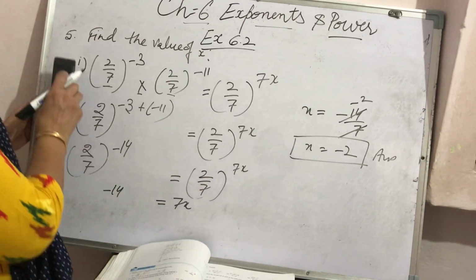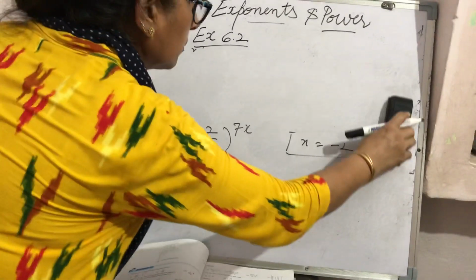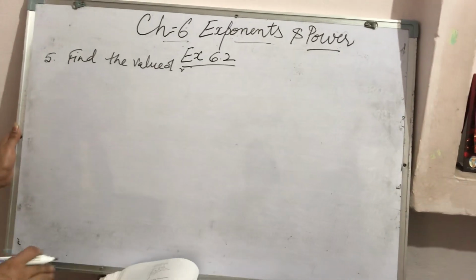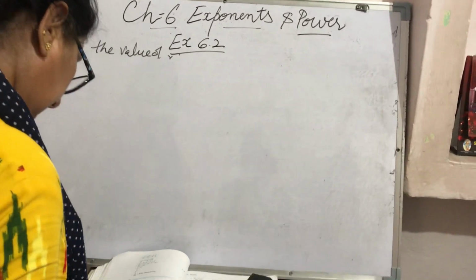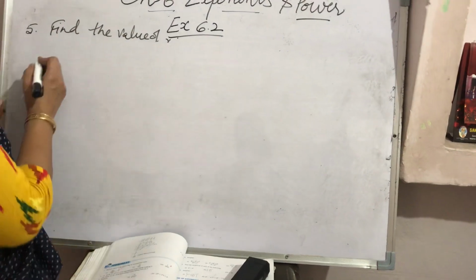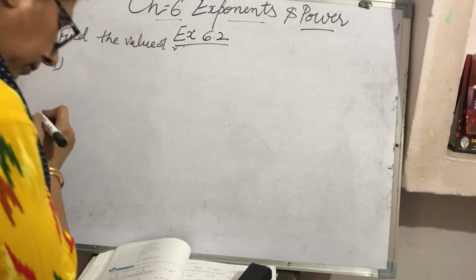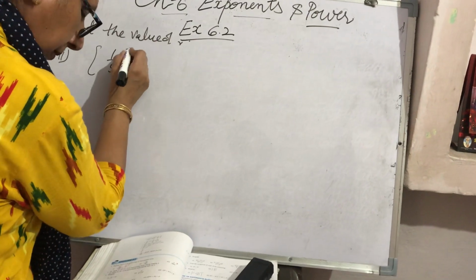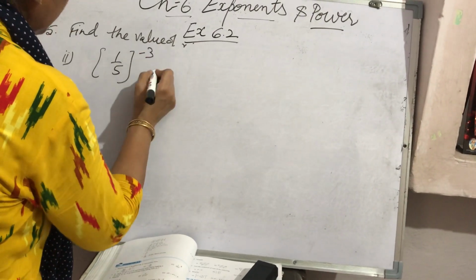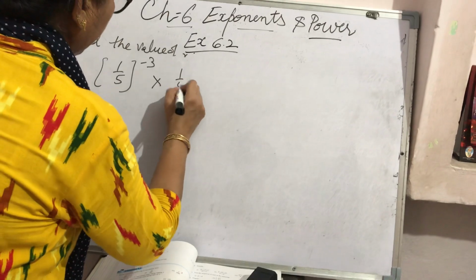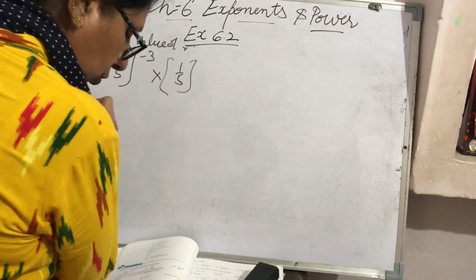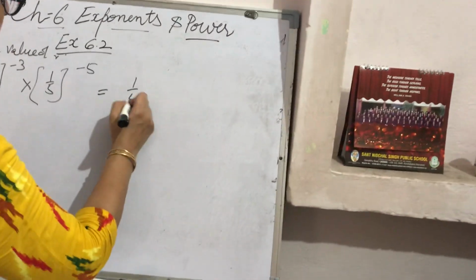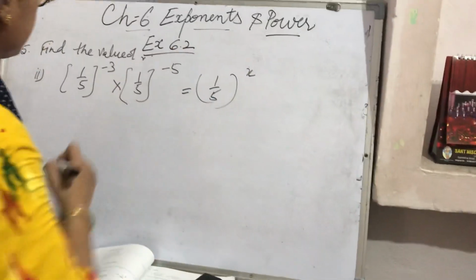Second part of the same question. Next, second part. 1 by 5 raised to power minus 3, multiply 1 by 5 raised to power minus 5, equal to 1 by 5 raised to power x.